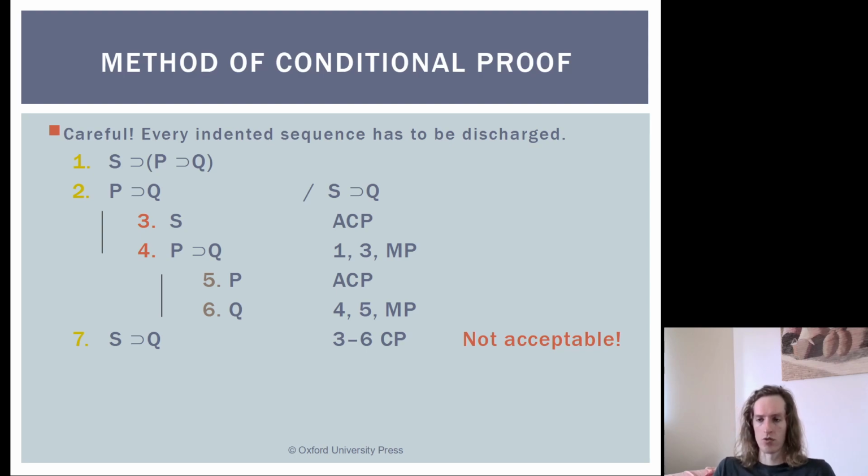We can't just get Q from it, for example. We have to get if something, then something else, because we're assuming something and we're seeing what follows from that assumption. Okay, so that's a sort of real quick and dirty example of what conditional proofs are.